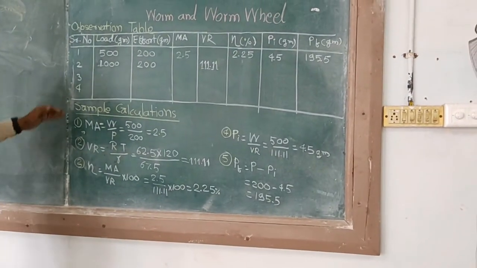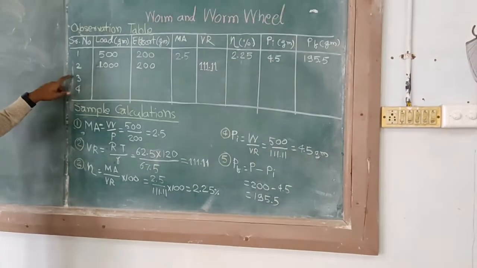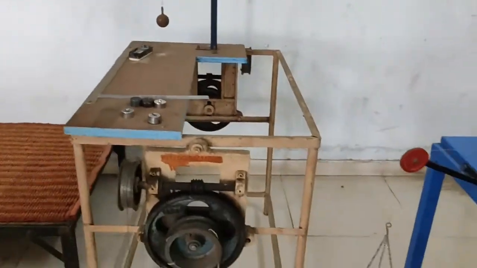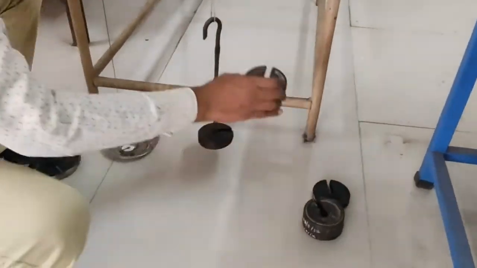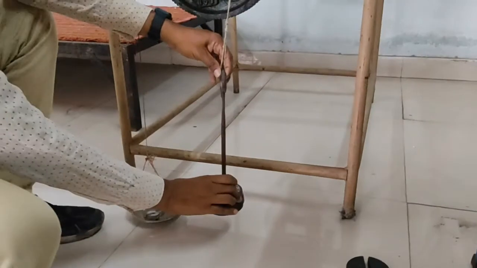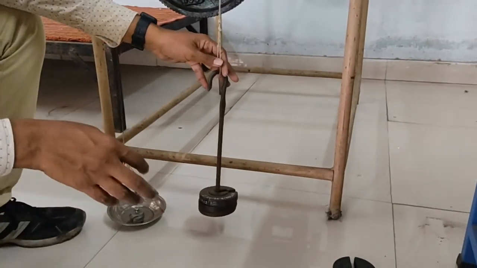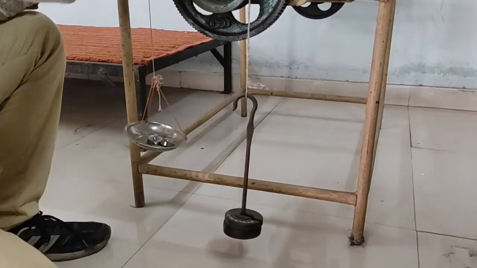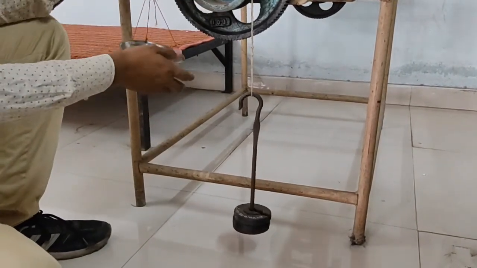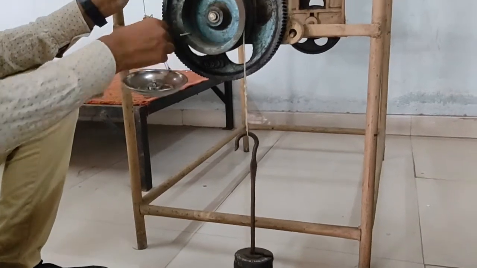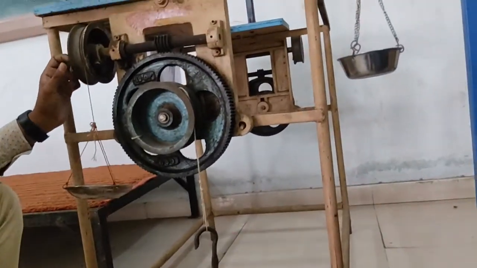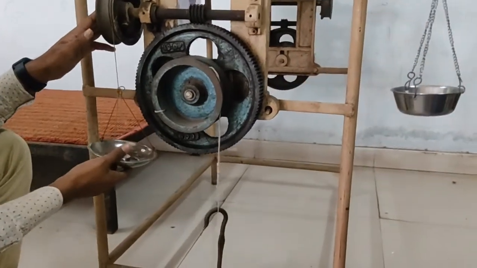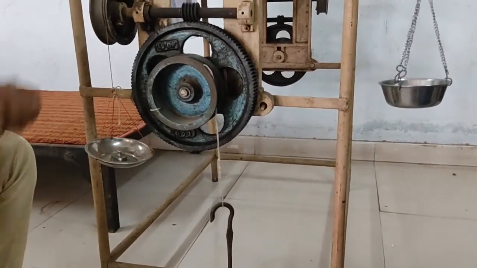So now I am moving forward for reading number 3. For this purpose I am going to add another 500 gram load into the load hook. So now the total load is 1500 gram. We have to find out what amount of effort is required to lift that 1500 gram load. Initially 100 gram effort is put into the effort plate. I am going to add another 100 gram effort.